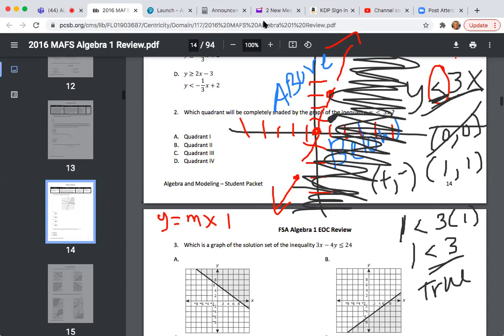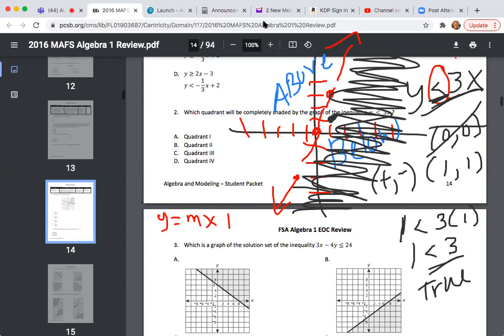So any point that you choose in the fourth quadrant will always make that inequality true. However, in the first quadrant, there are some points that will make it true. But if you can go ahead and be precise about it, that will help you to determine if it's the first quadrant or the fourth quadrant. So you still need to know something about the graphing, okay?